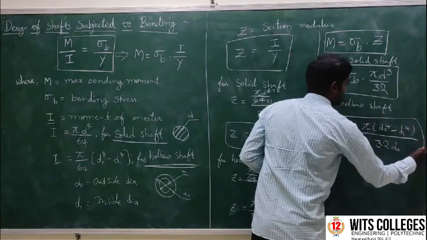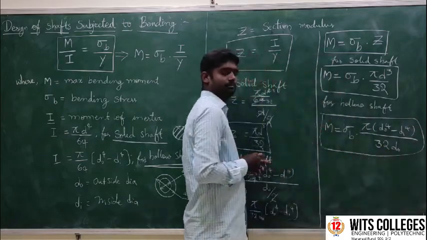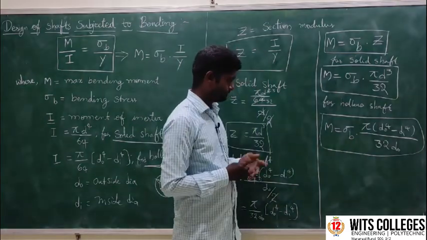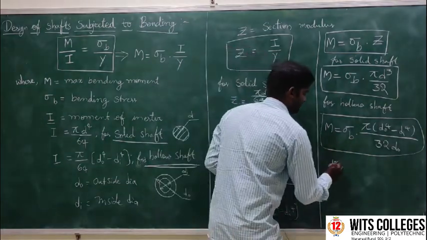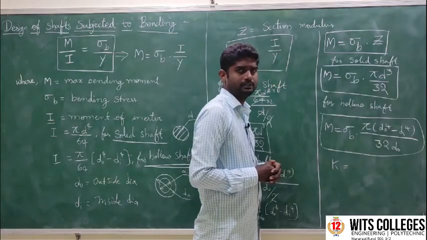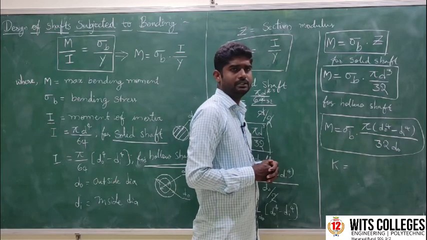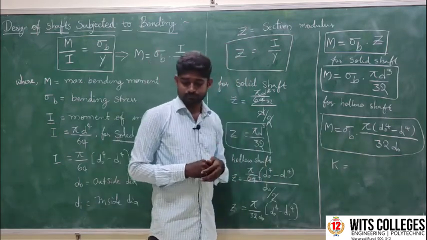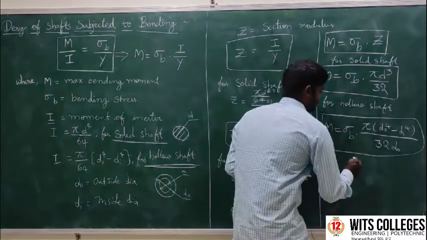This is the bending moment equation for a hollow shaft. Next, we already know the constant K is equal to di by d naught.